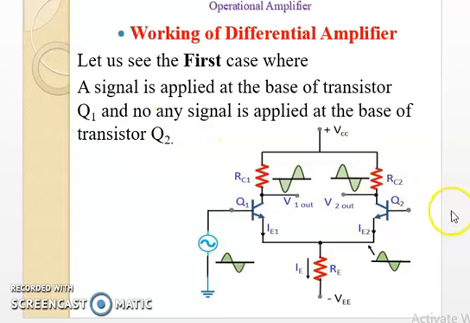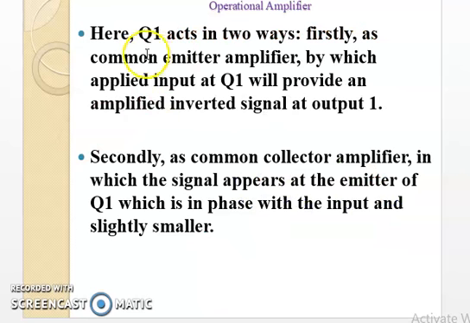A signal is given to the base of Q1, and here V1 out we obtain in inverted form. Got it? This output V1, the output of transistor Q1, is in inverted form, amplified in inverted form.